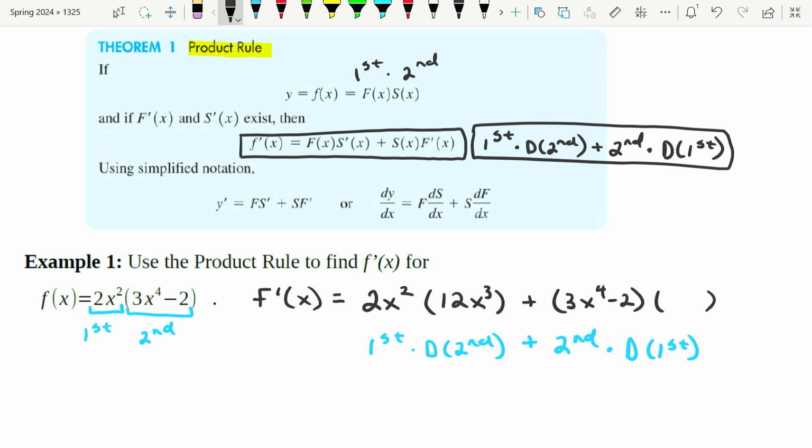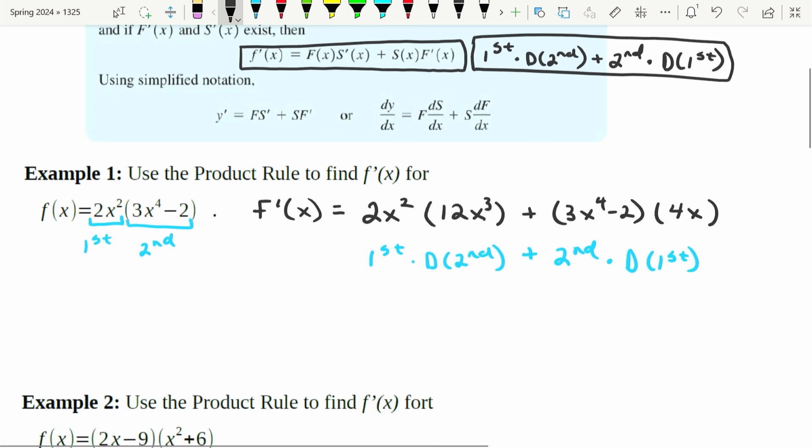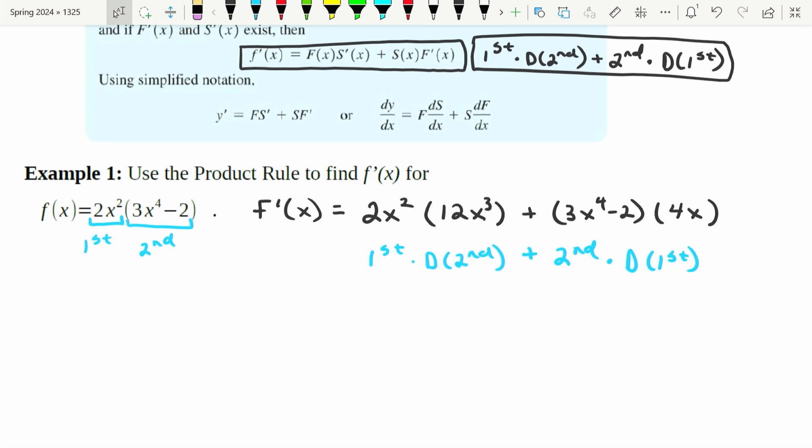That would be the derivative of 2x squared. What is the derivative of 2x squared? That would be 4x. So that right there represents the derivative via the product rule. Now, what I will do is go ahead and clean things up a little bit here.